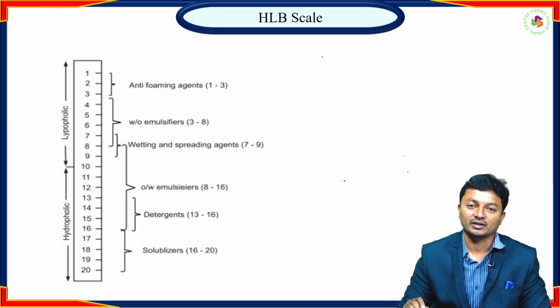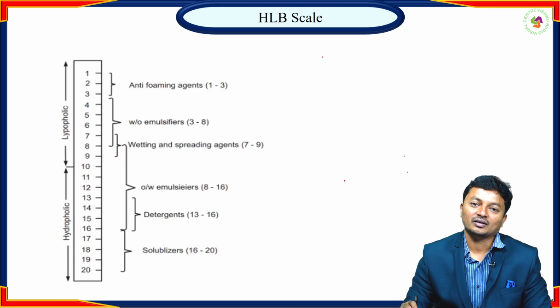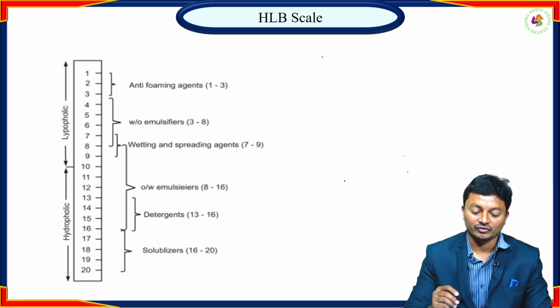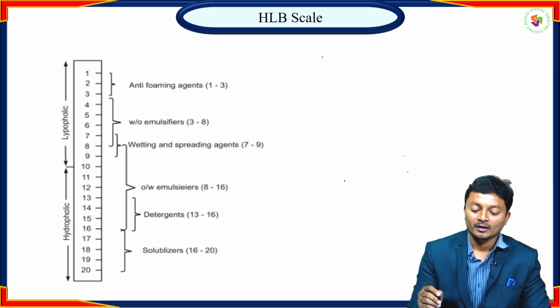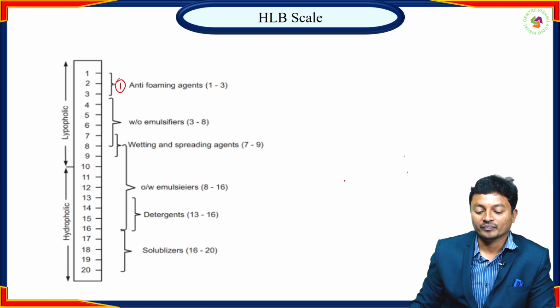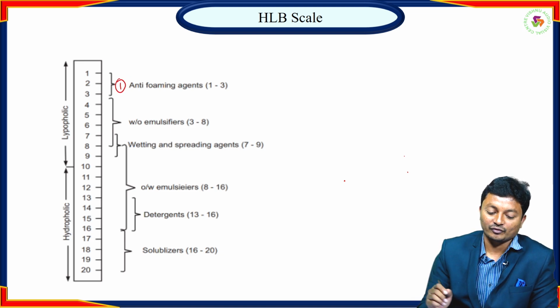According to the HLB scale, the ranges divide the different types of surfactants, as we can see in this diagram. The first class of surfactant is anti-foaming agents.